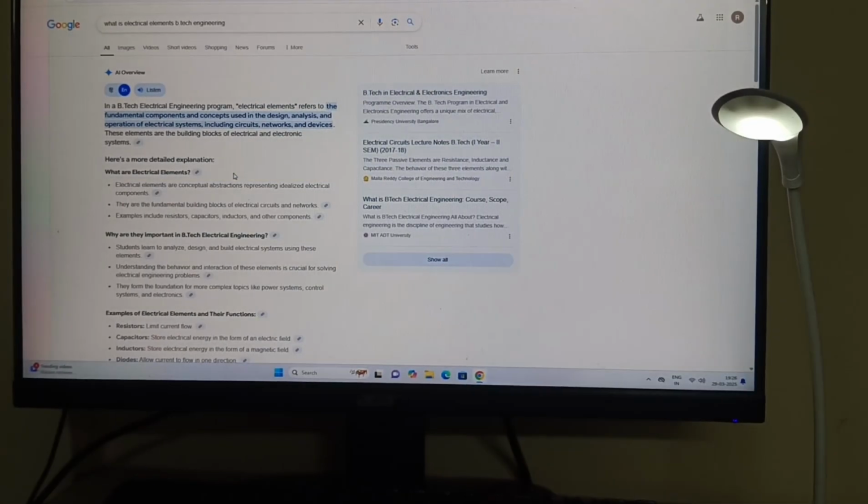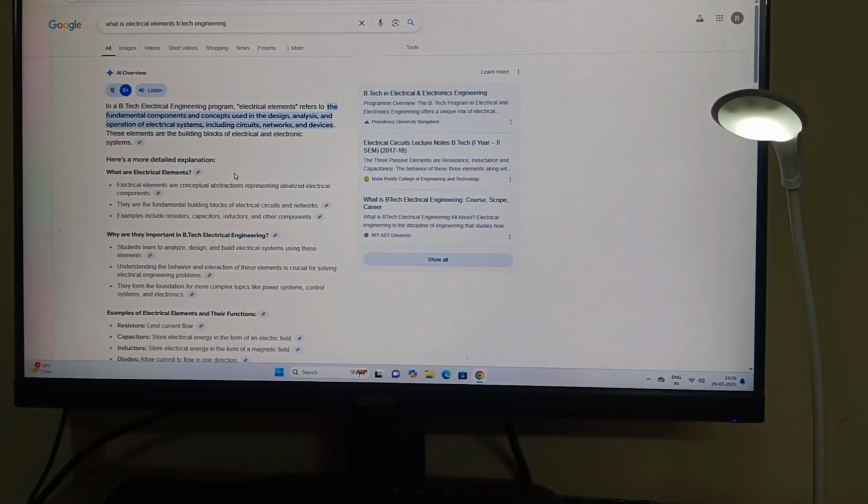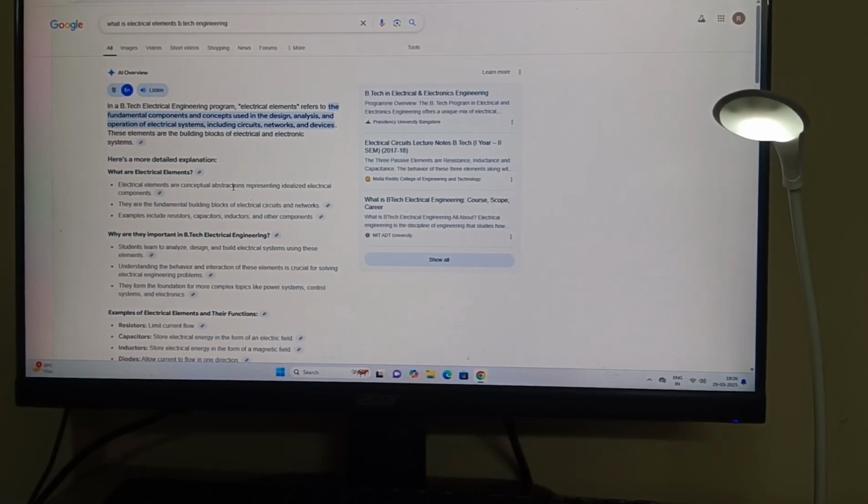As you can see, these are the fundamental components used in the design, analysis and operation of electrical systems, including circuits, networks and devices. Electrical elements are conceptual abstractions, representations of idealized electrical components.